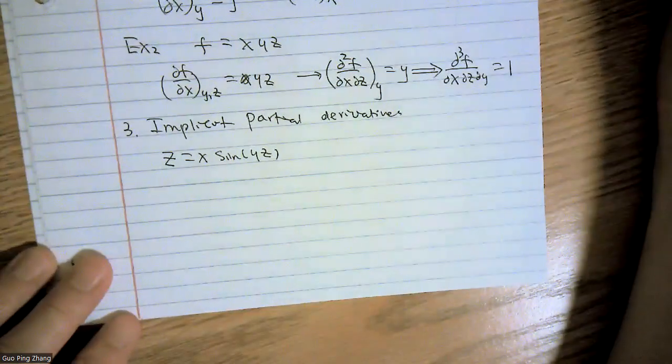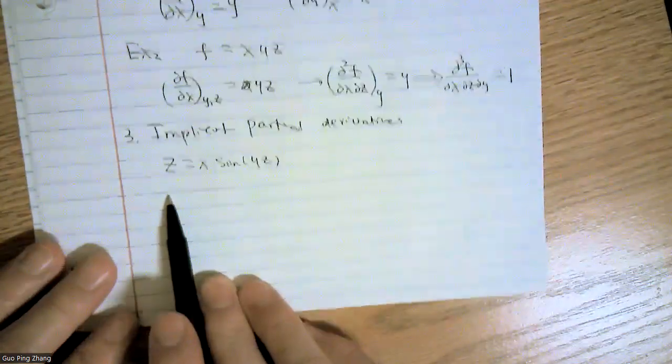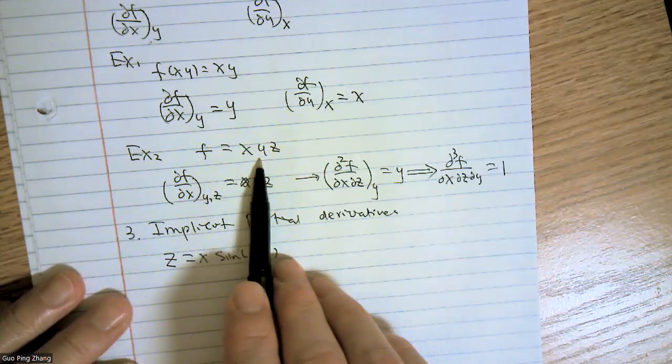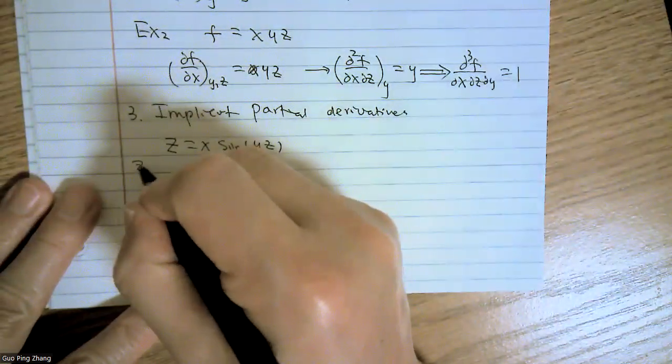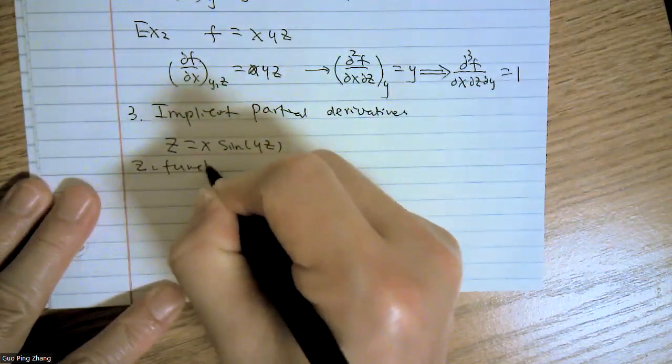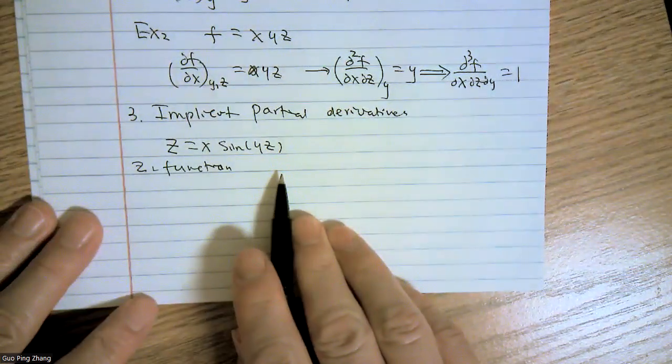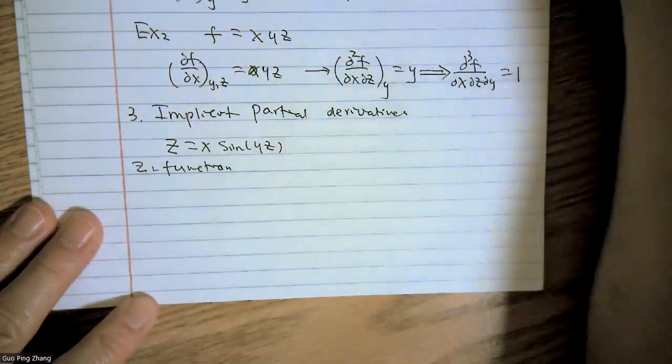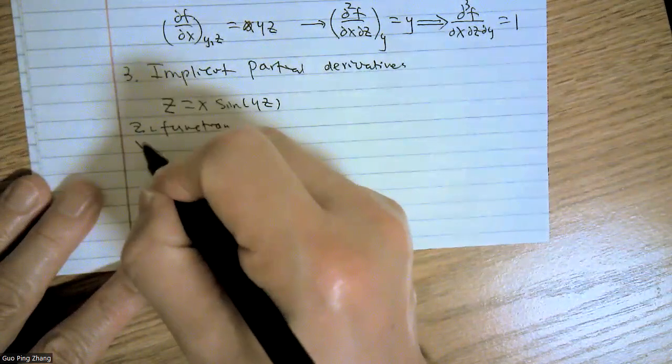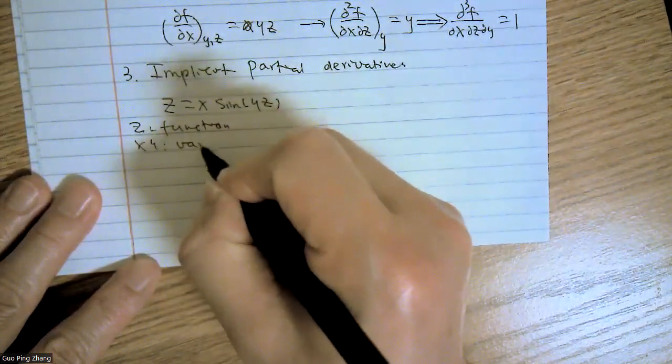In this case, I cannot write it in a similar format like f equals xyz. Z here is a function. Now this is not simple. You have three variables, but z is a function, and x and y are the variables.